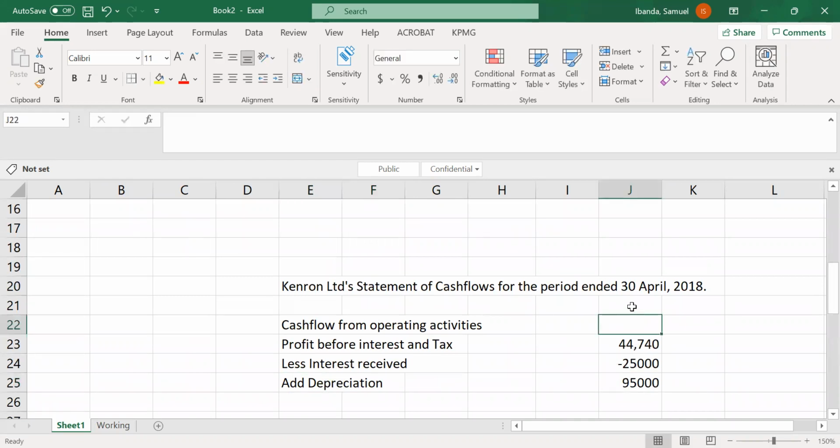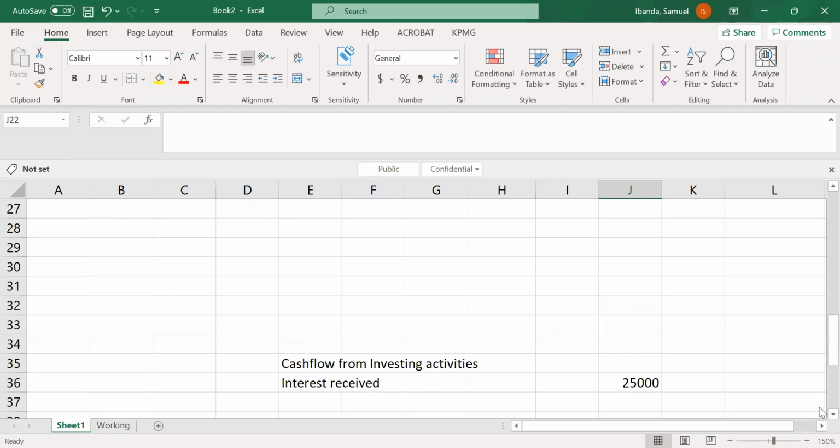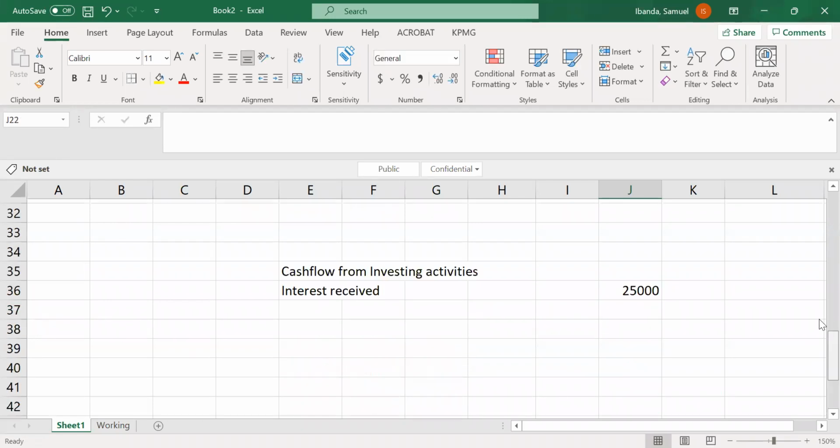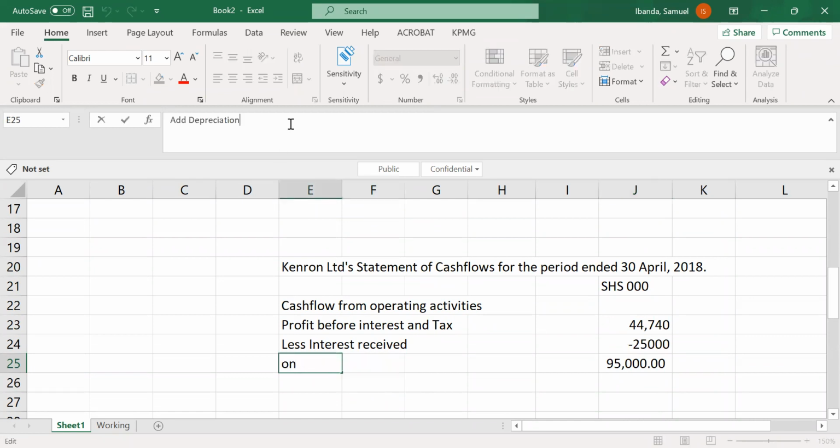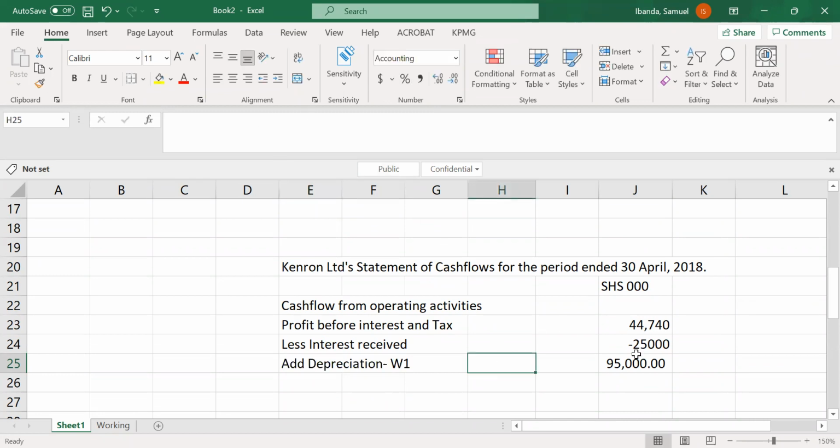Again, these amounts are in shillings, with 3 zeros just to indicate. So what I'm adding as my depreciation is 95 right there, and this is as per working one that I've calculated.